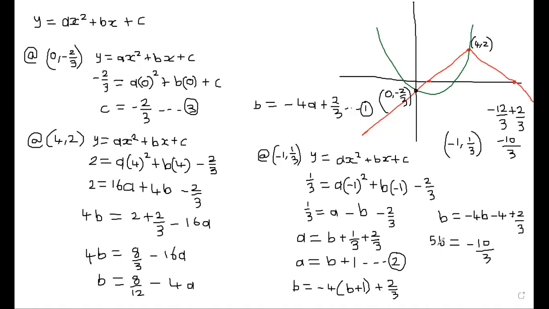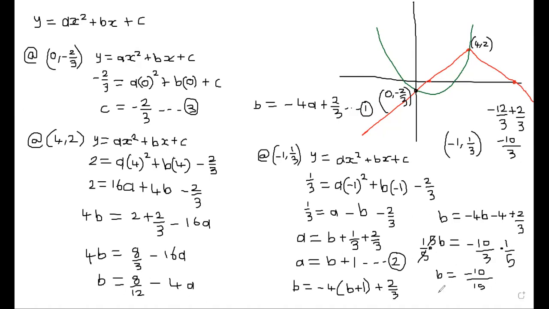So this means that now we have negative 10 over 3. And what we can do here is to multiply by 1 over 5, right? Multiply both sides by 1 over 5. Now this will cancel. So we'll have b equal to negative 10 times 1 is negative 10 over 3 times 5 is 15.